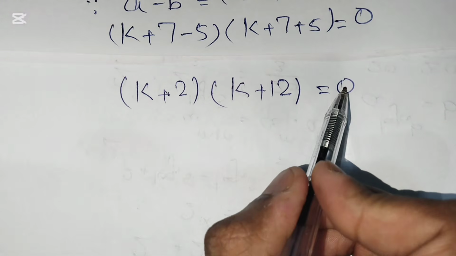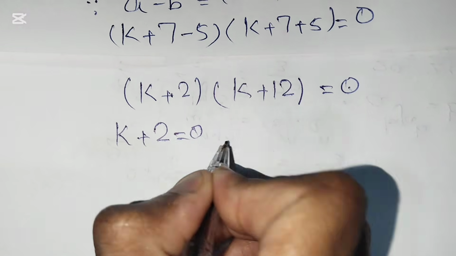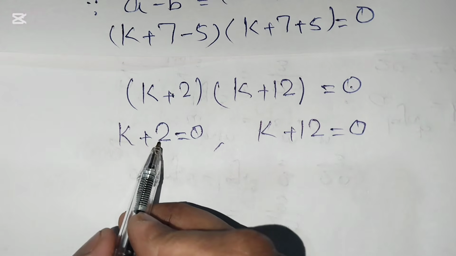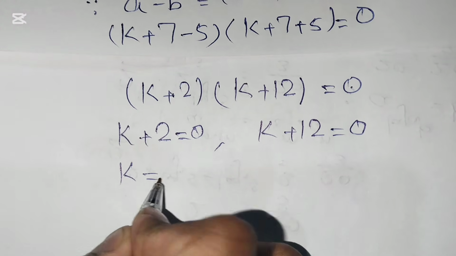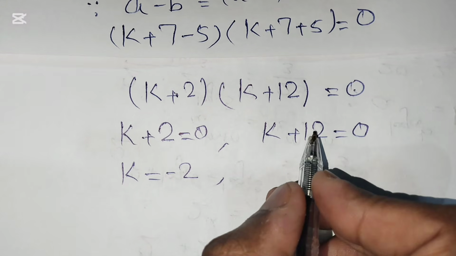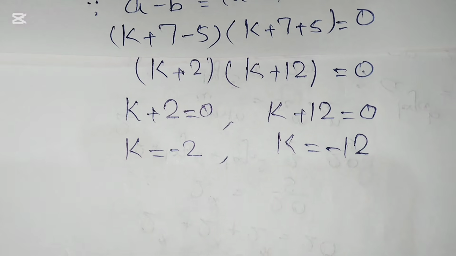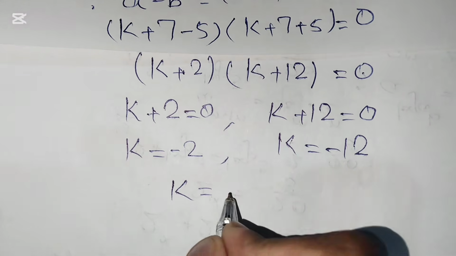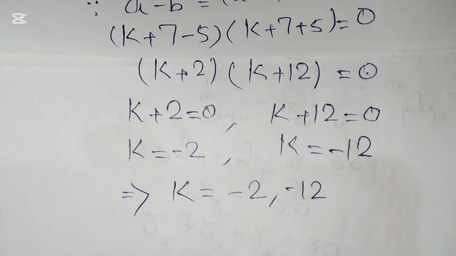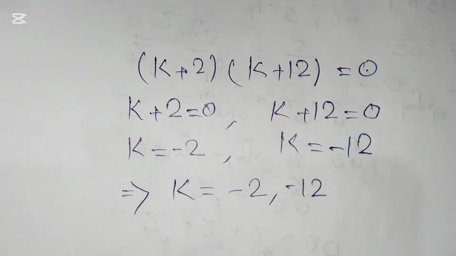Either this will be equal to 0 or this will be equal to 0. k plus 2 equal to 0 and k plus 12 is equal to 0. Subtracting 2 on both sides, we get k equal to minus 2, and subtracting 12 on both sides, we get k equals minus 12. So we have k equal to minus 2 and minus 12, which is the same as we have in method 1.